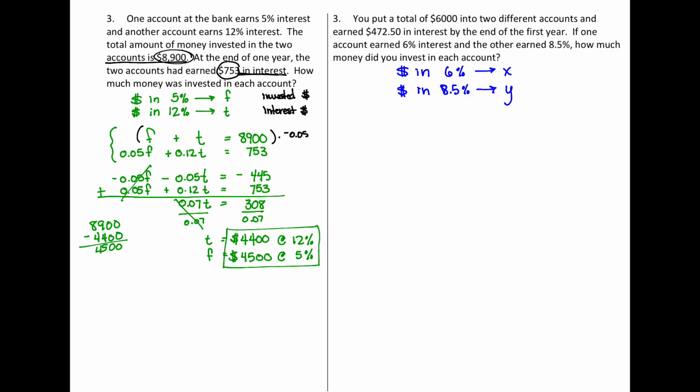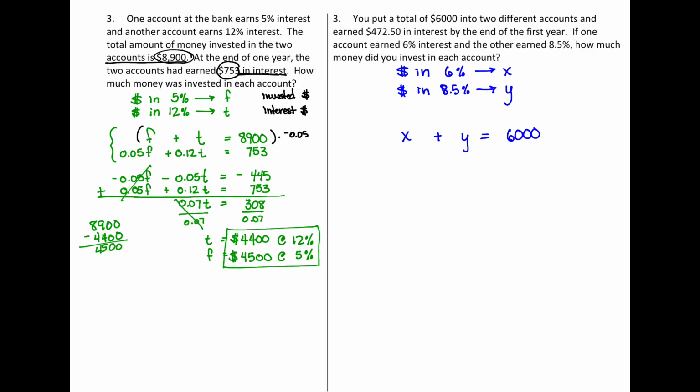Now we have two equations. One of them is, just like we had before, the amount invested, which was the 6,000. So I know that the amount of money I put in one account plus the amount of money I put in another account totaled $6,000.